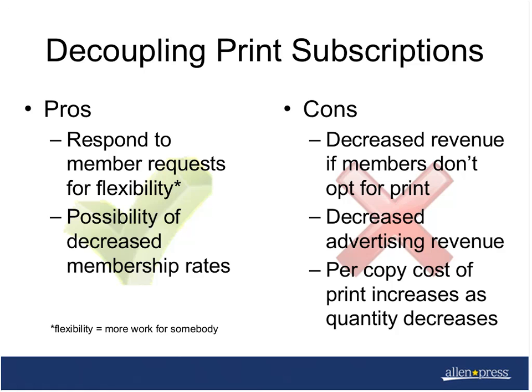Be wary of only looking at the reduced print run and decrease in expense, as the decreased revenues might be more impactful. One negative with decoupling the print is the decrease in the membership revenue, assuming the organization offered a decrease. Additionally, the per copy cost of print copies will most likely increase as the quantity printed decreases.